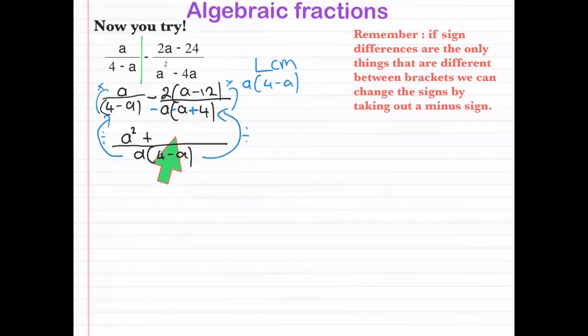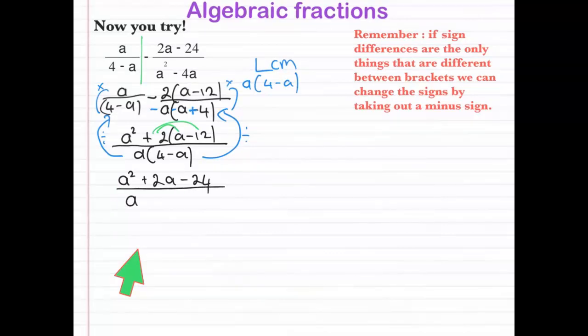So it's a 1, and 1 times that stays that, right? So it will be 2a minus 12. And then we keep simplifying the numerator, which will be a squared plus 2a minus 24, because that's the distributive law. And below the line, we still have the denominator, which is a 4 minus a, which is our LCM.